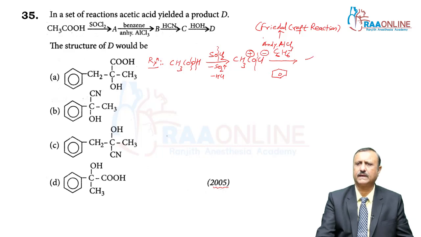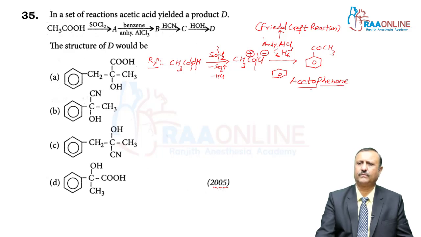When the acyl group is attached to the benzene ring, you get C6H5COCH3, and my dear students, this compound is called acetophenone.